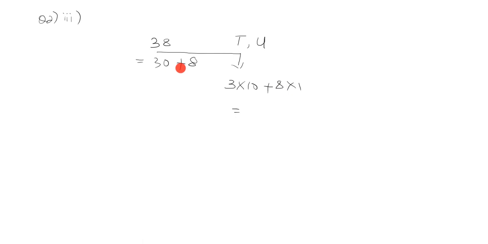If it is a three-digit number, whatever digit is in the hundreds place, you multiply by 100. Whatever digit you have in the tens place, you multiply by 10. And whatever digit you have in the ones place, you multiply by 1.